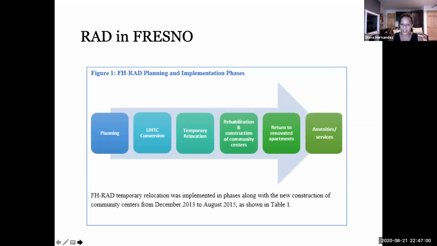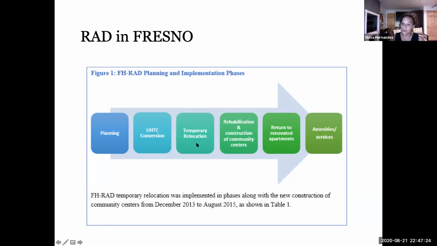So we looked at Fresno. That was the first housing authority to fully undergo the RAD conversion process. These were the elements of their process. They're not all the same, but important to think about how it works. So there's the planning component, the conversion component through the low-income housing tax credit.